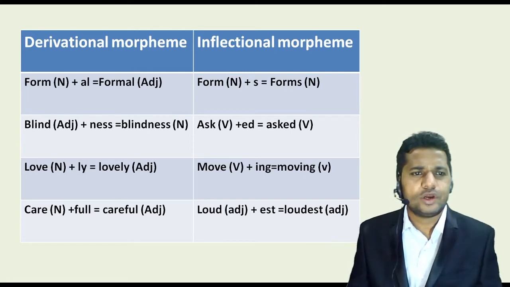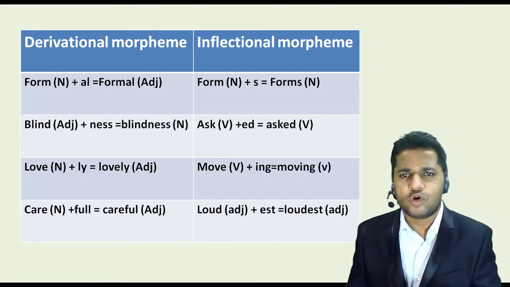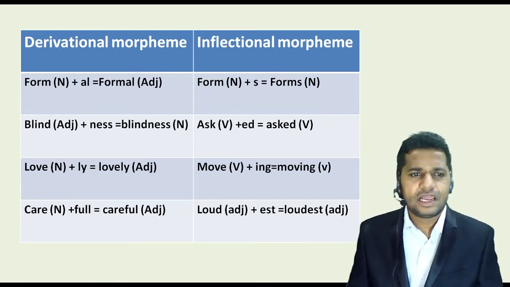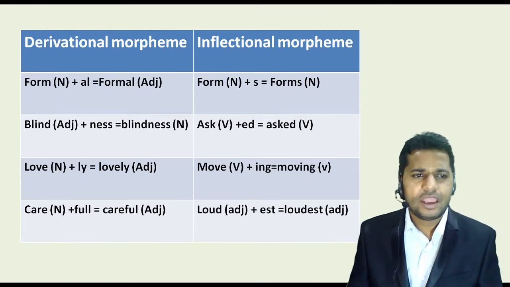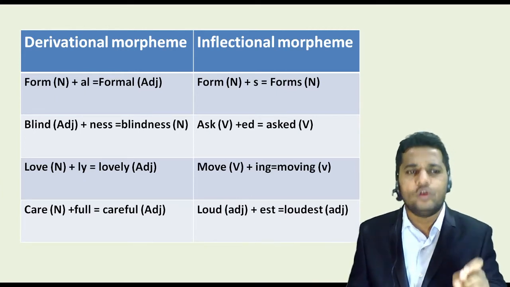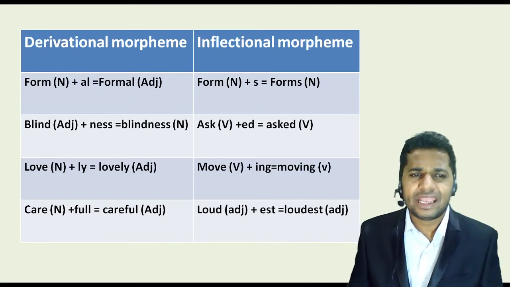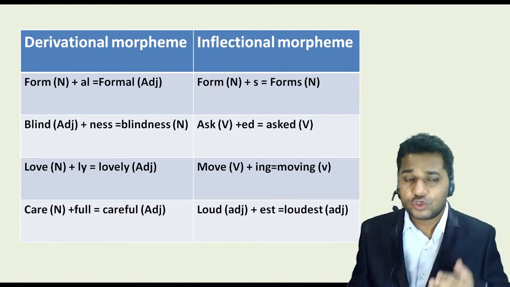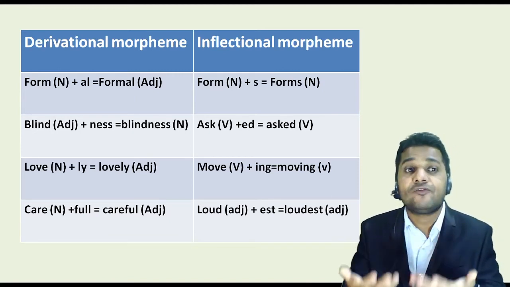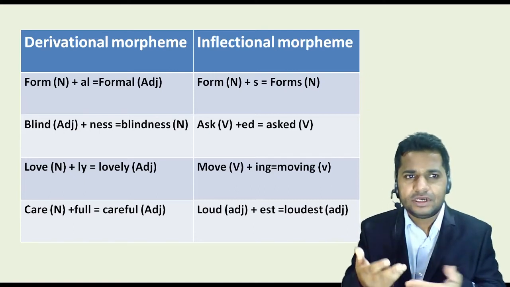If you see the first one, form, it's a noun, but when you add al, it becomes an adjective. So a new word is derived, derivational morpheme.